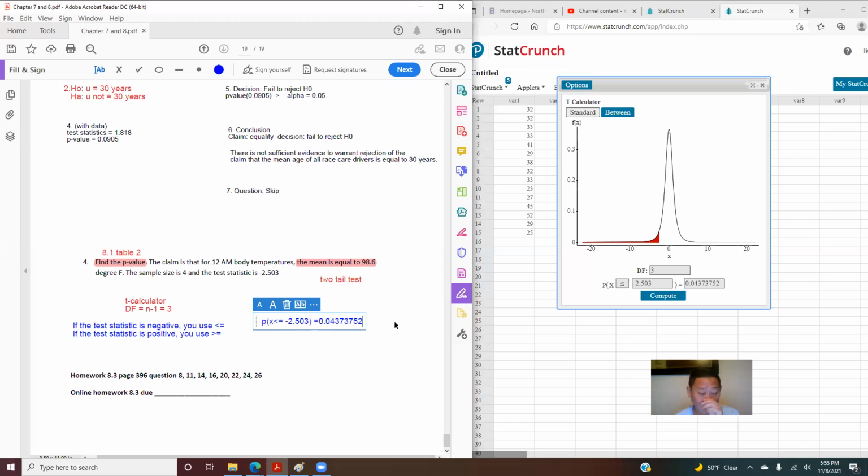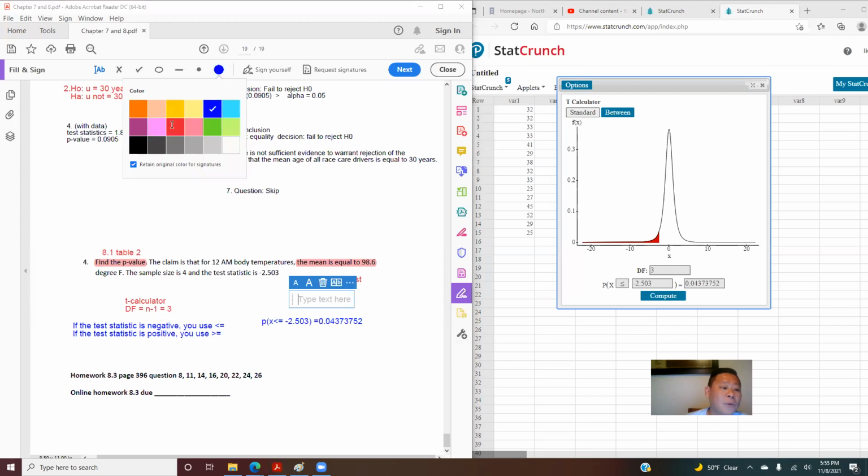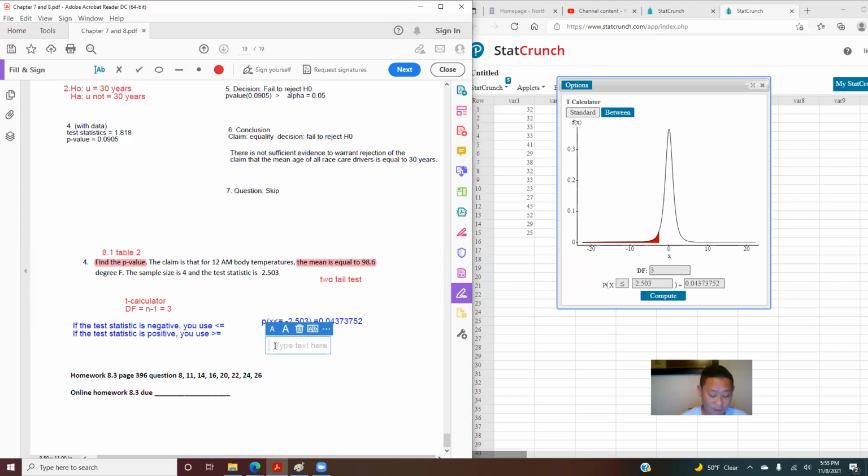I just wrote off these numbers. However, this is something you need to know: because this is a two-tailed test, you have to double, okay? Because this is a two-tailed test, the p-value will double.